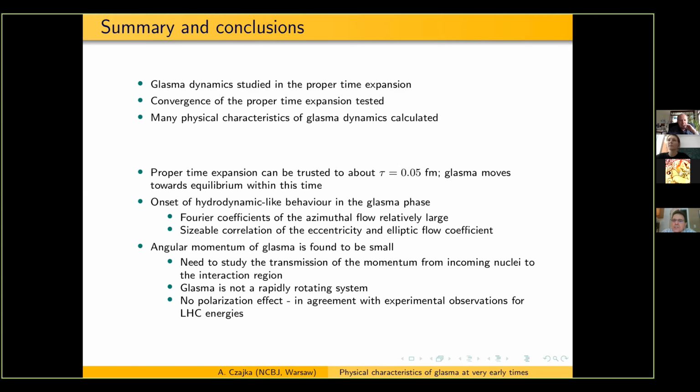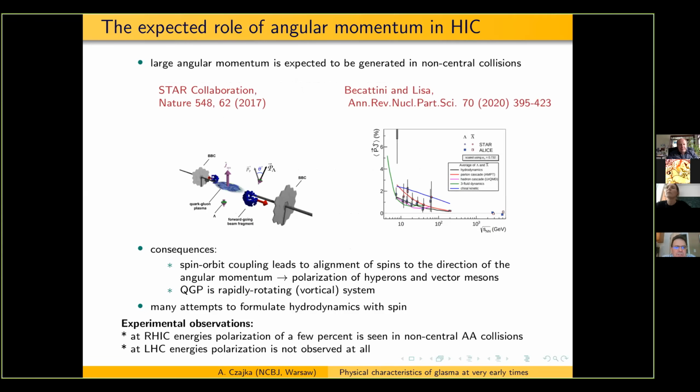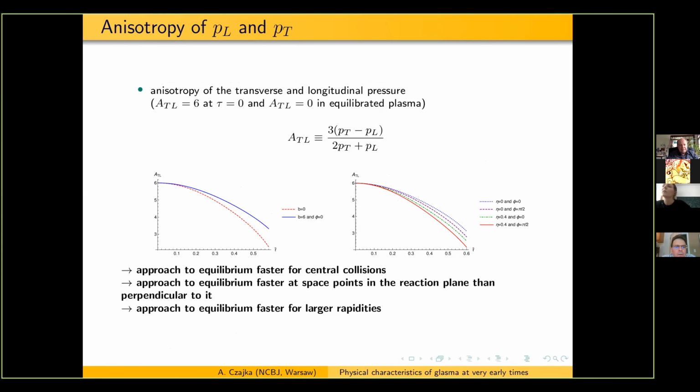Is there another question? You had that things tend to equilibrate at larger rapidity. You mentioned that a few slides back. Yes, we see that for zero rapidity the system needs more time so that the anisotropy can go to zero.